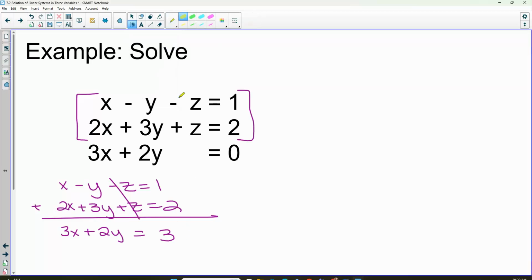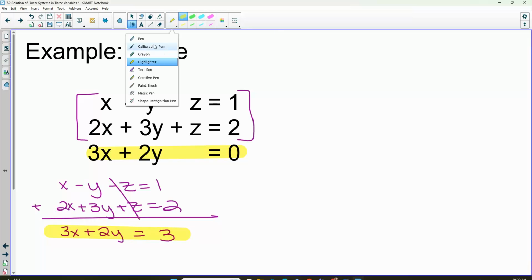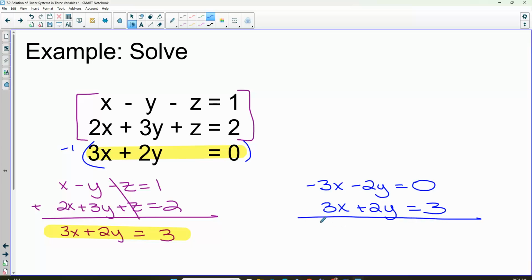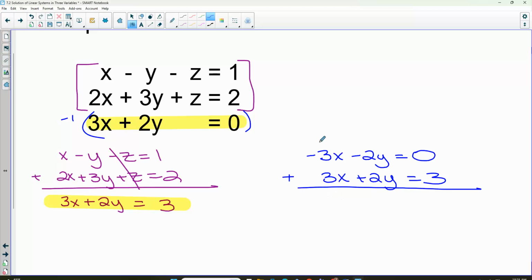Now, I have to use the third equation because I have not used it yet. But I'm in pretty good shape because it doesn't have a z. So I can go ahead and just put it with this one because neither one has a z. So if I wanted to eliminate x, what would I have to do? So let's say I take this one times the negative 1. When I add, negative 3x and positive 3x cancel.